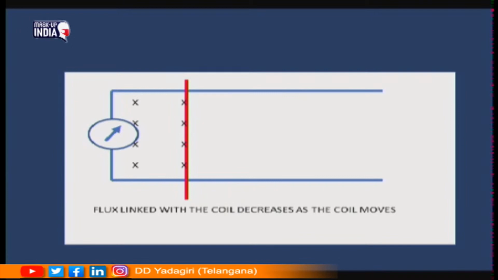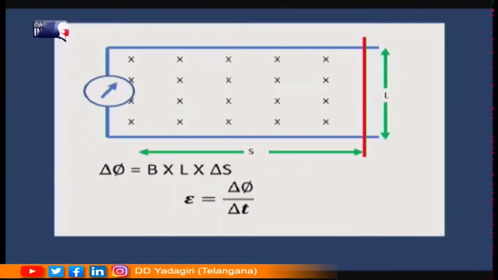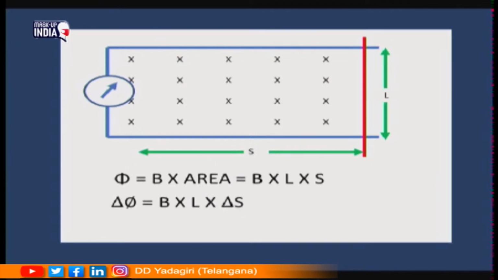Because of this motion of the wire, the flux linked with the coil is decreasing. This decrease in the flux will induce current. So, flux is given by B into L into S. So, change in flux is given by B into L into delta S.